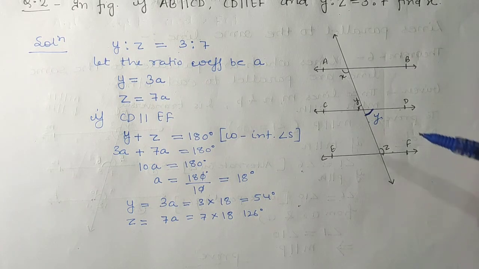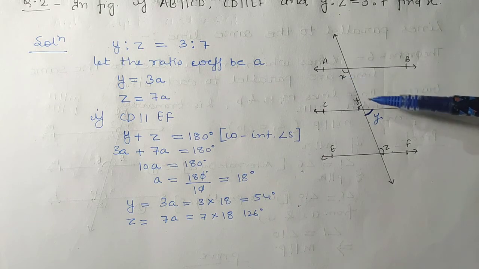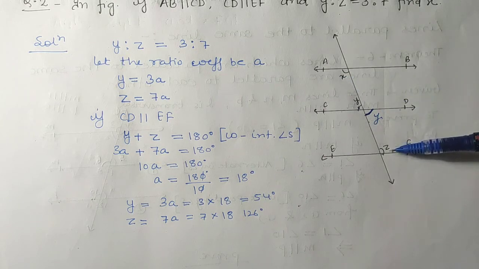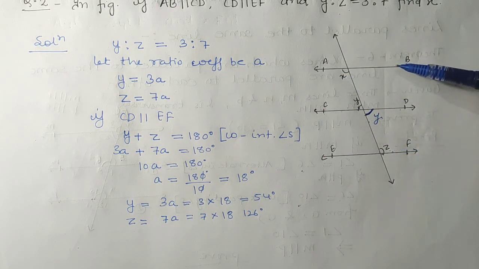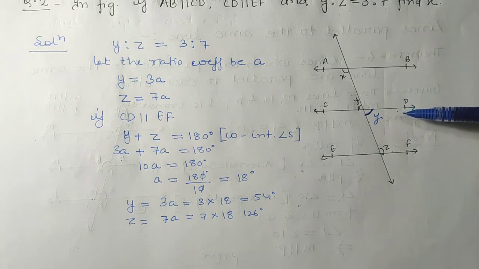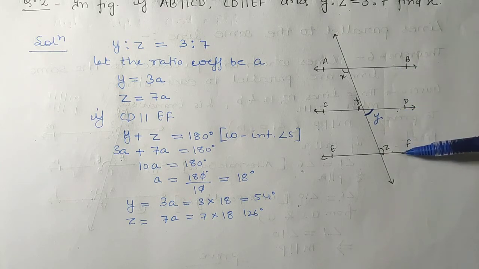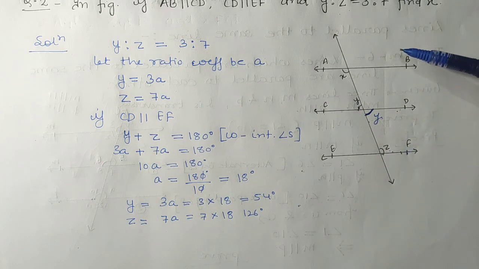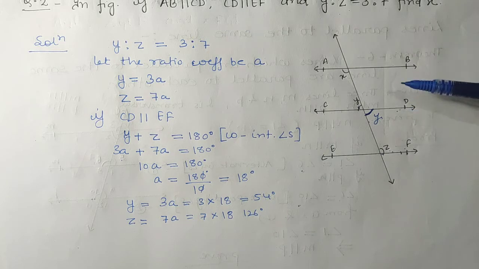See students, we have seen that if AB is parallel to CD and CD is parallel to EF, we can say that AB is parallel to EF. This we have studied: if two lines are parallel to the same line, then they are parallel to each other.